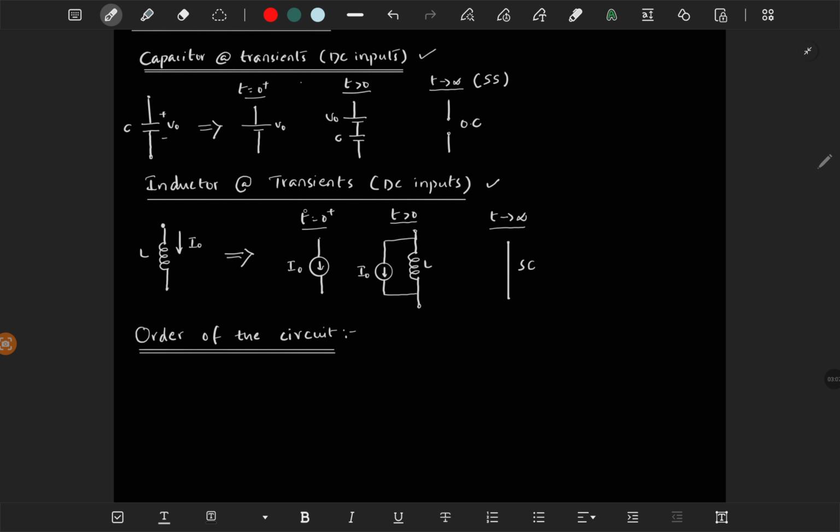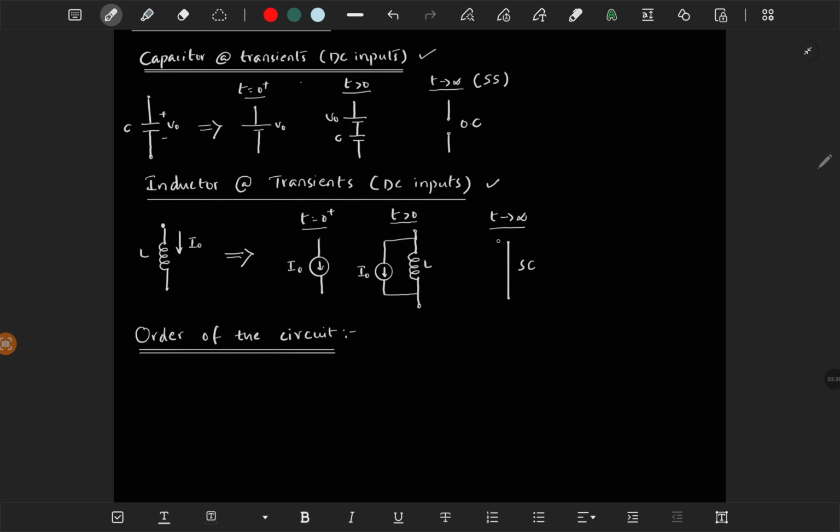So for the inductor also, for DC inputs at t equals 0 plus, again I am assuming there is some transient in the circuit at t equals 0. At t equals 0 plus, we replace the inductor with its initial current I0, and for t greater than 0, we represent the inductor with its initial current I0 in parallel with that inductor.